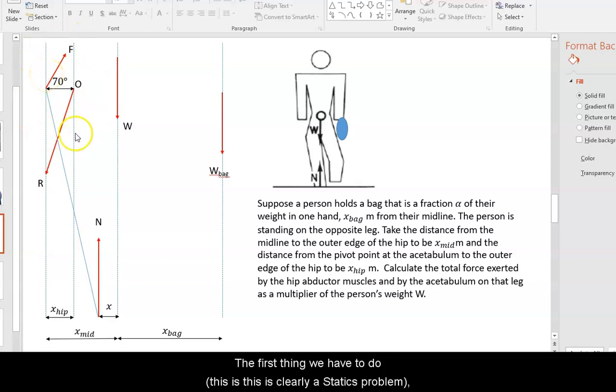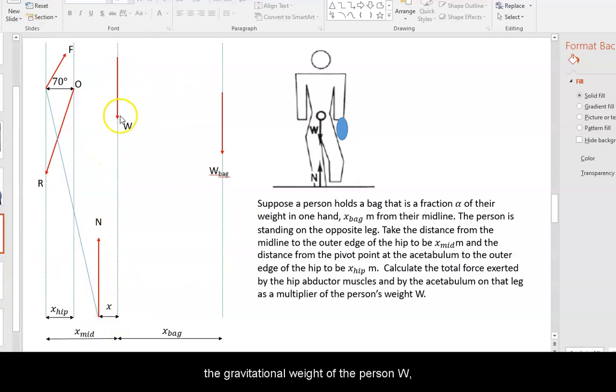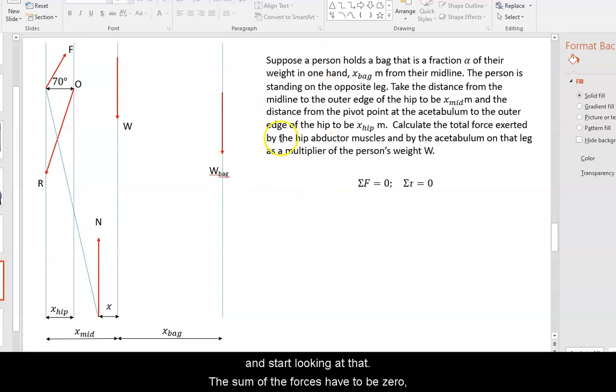Because the first thing we have to do, this is clearly a statics problem, right? And so the first thing we have to do is start looking at the external forces, which are the normal force on the bottom of the foot, the gravitational weight of the person, W, and the weight of the bag, all right?